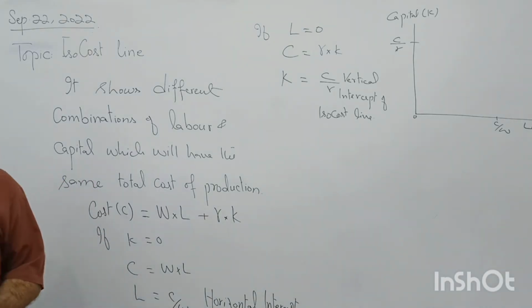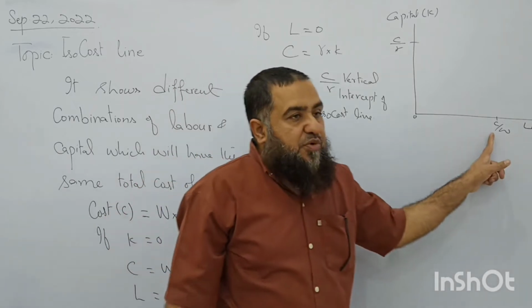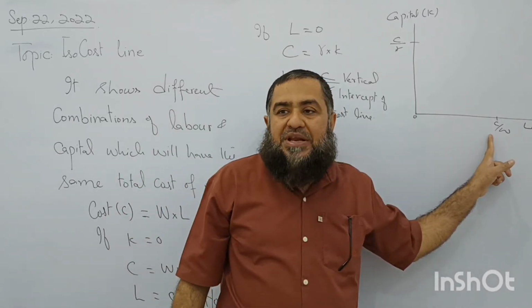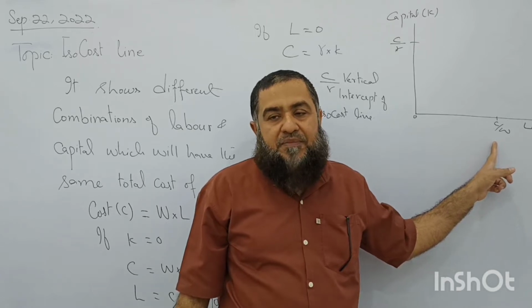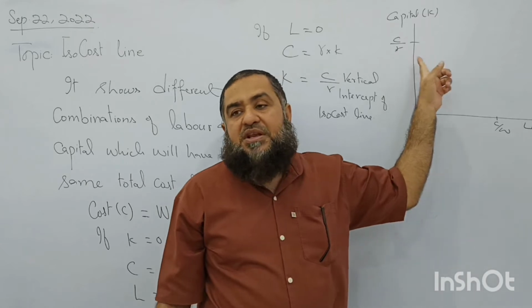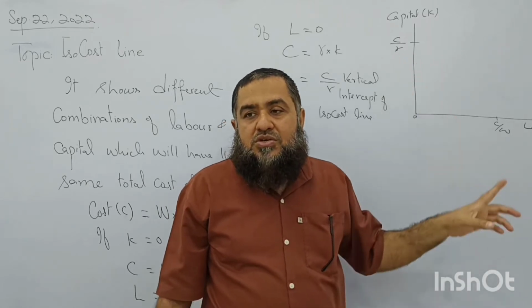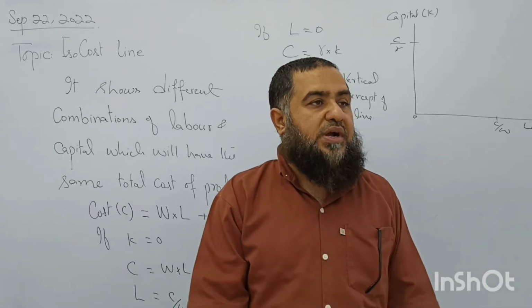We have found two extreme points. Please be attentive now. This is the point when nothing of capital is employed, all the workers are employed. Clear? And this is the point when nothing of labor is employed, only capital is employed. So there are different combinations which will be available in between these two points.